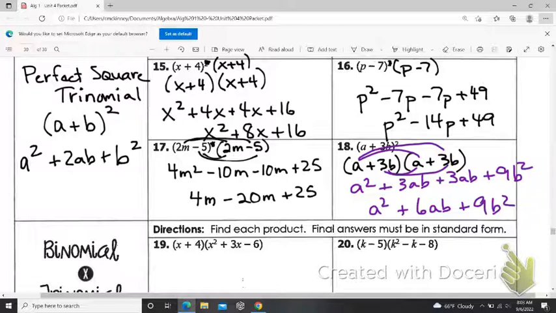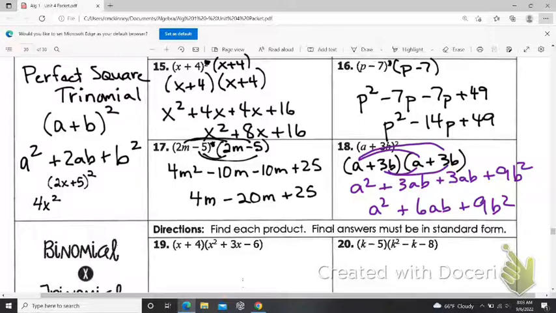So let's try one here out to the side, and I'm going to use the double combo method, or my little perfect square trinomial. So if I had 2x plus 5 squared, then I would go, 2x squared would be 4x to the second.